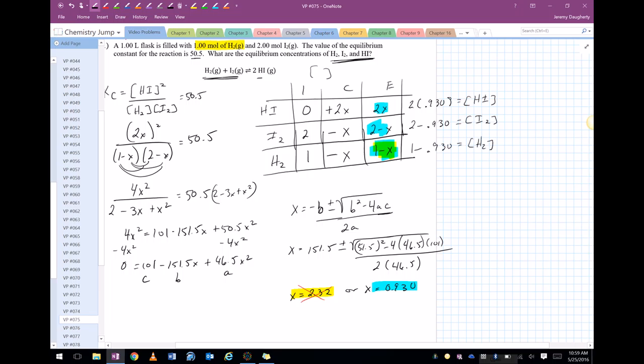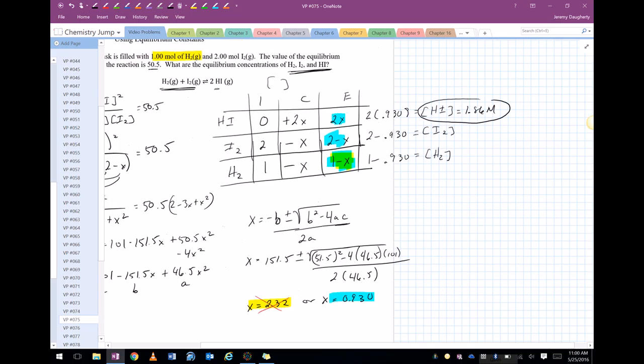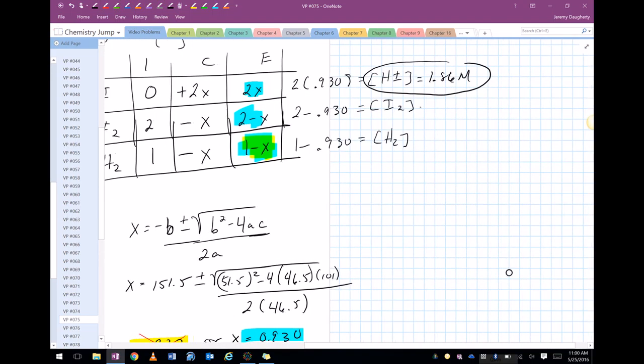Okay. So just to give you those actual values: this is going to end up equaling 1.86 molar. This is 2 minus 0.930, 1.07 molar. And this is going to end up equaling 0.07 molar.